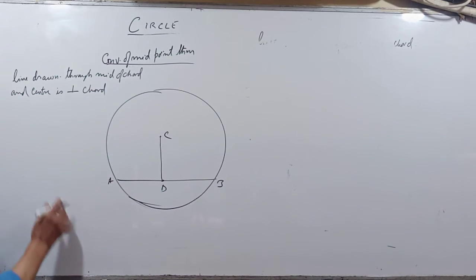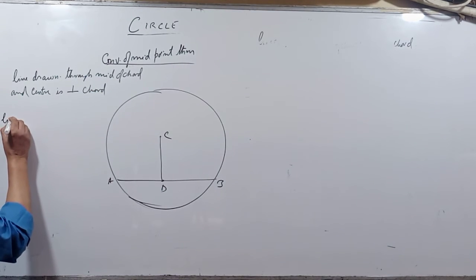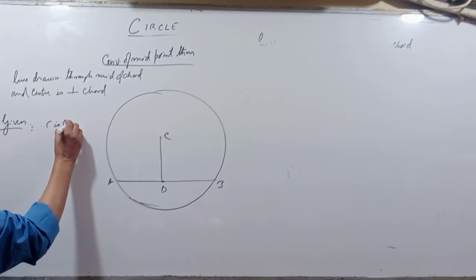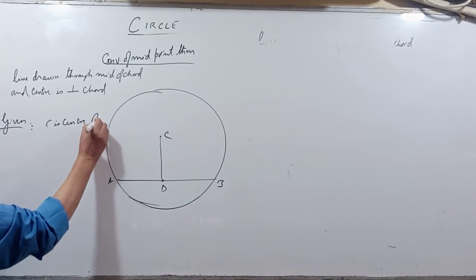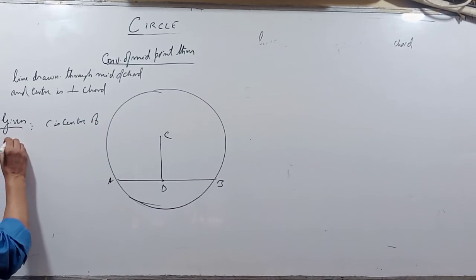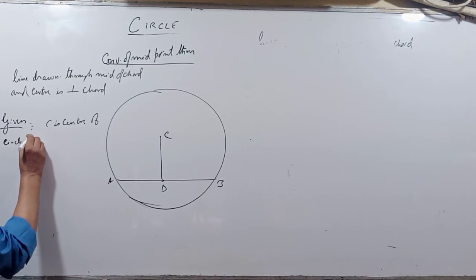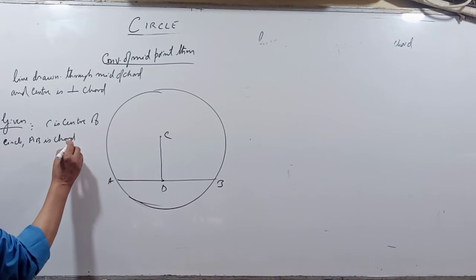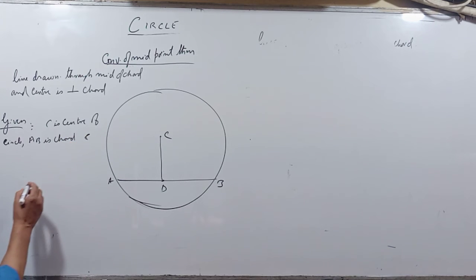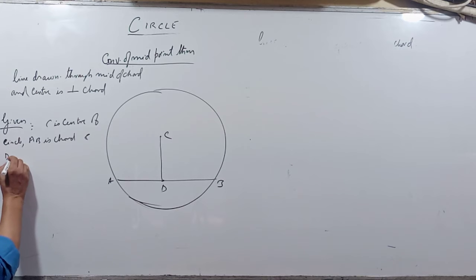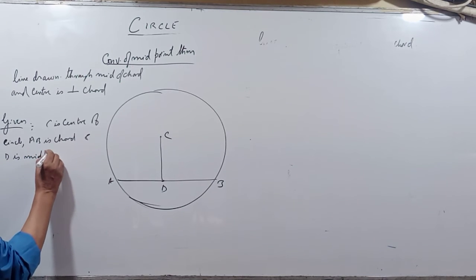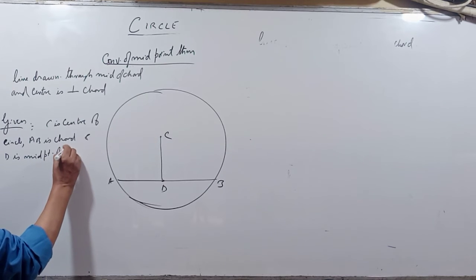So we write here, given: C is the center of the circle, AB is the chord and D is the midpoint of AB.